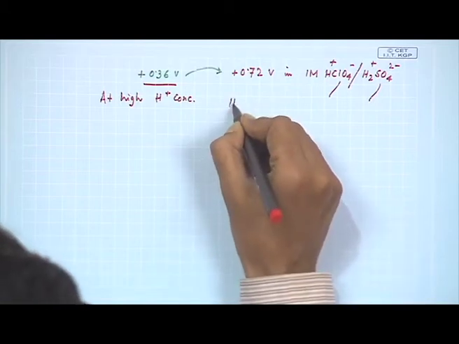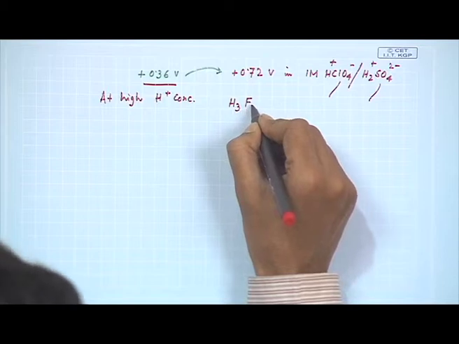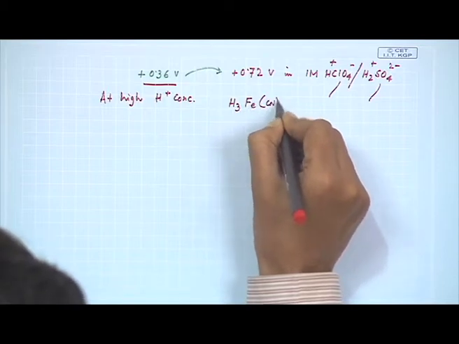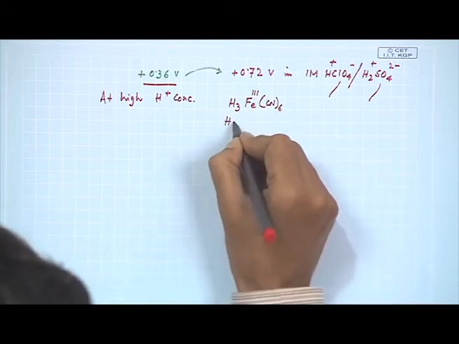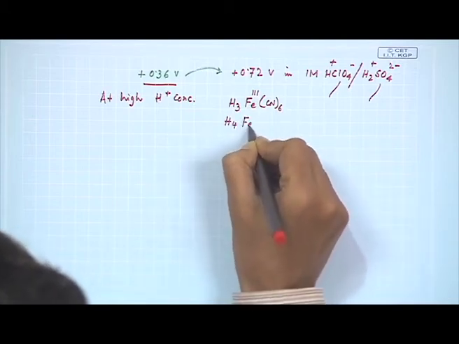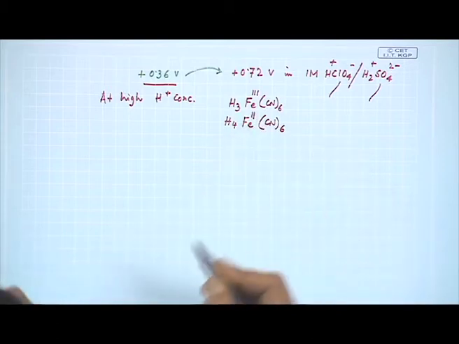We get the corresponding protonated forms of these species, which are H3Fe(CN)6 for ferricyanide, and H4Fe(CN)6 for ferrocyanide.